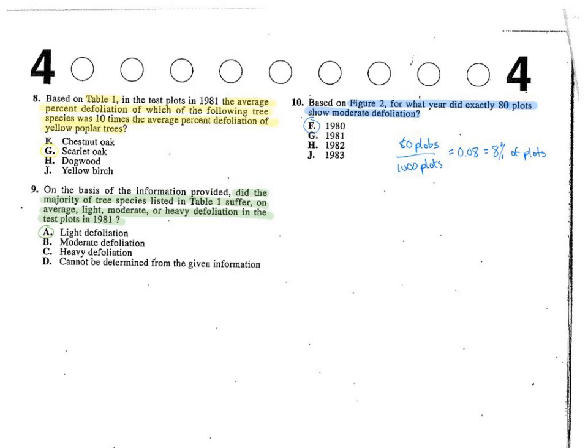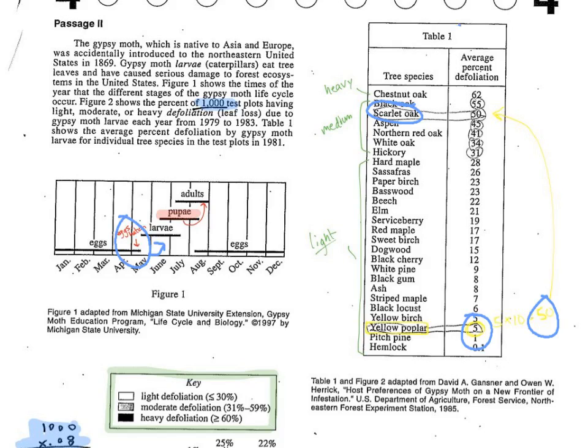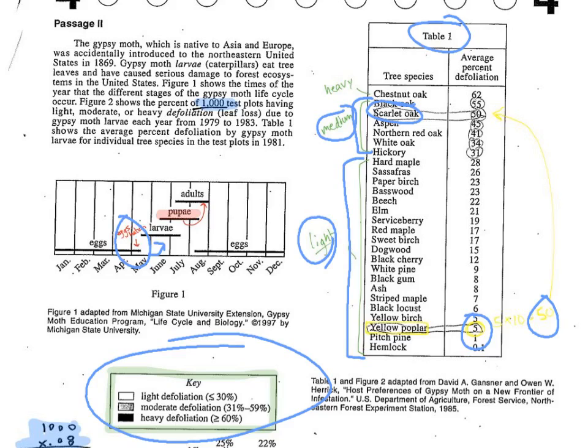That one was G. Number 9, on the basis of the information provided, did the majority of tree species listed in Table 1 suffer, on average, light, moderate, or heavy defoliation in the test plots in 1981? So if you look at Table 1 and you group them, this group right here had light defoliation, this group here had medium, based on these criteria down here.